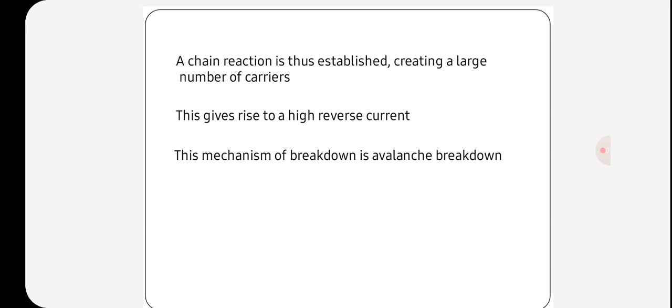Zener breakdown occurs in Zener diodes because they have a very thin depletion region. Breakdown region is the normal operating region for a Zener diode. Zener breakdown occurs in Zener diodes with Zener voltage Vz less than 6 volts.